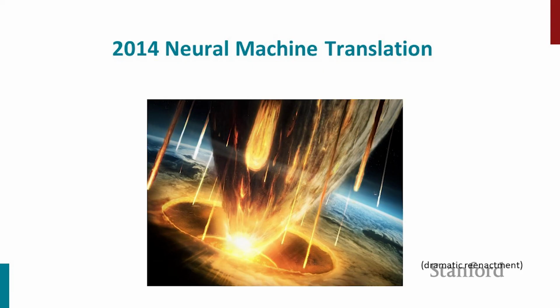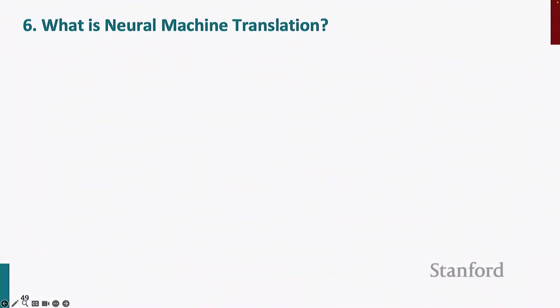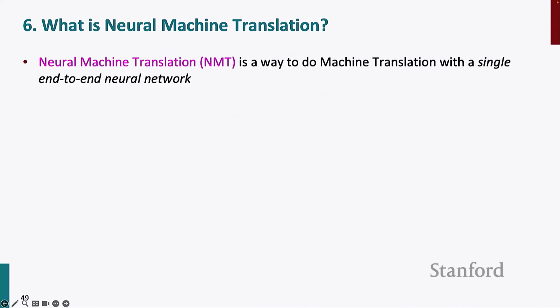And so that led to this amazing breakthrough in 2014, where we then moved to neural machine translation, and neural machine translation was much better. So what did we do in neural machine translation? We built a neural machine translation system as a single end-to-end neural network.